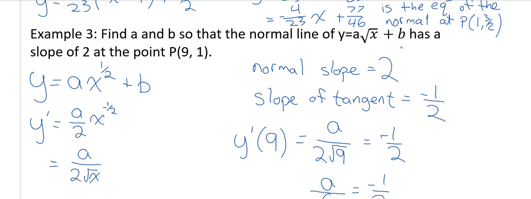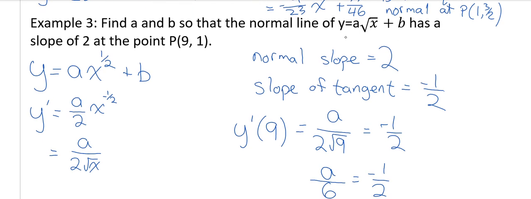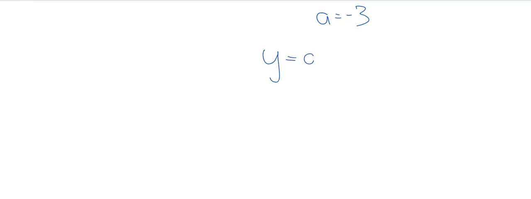So 9, 1 is our point of tangency, and it's the point at which our normal line goes through. So I can just go back to my original equation now. I have my y and my x, I have my a, I just need to find my b. So my original equation was y equals a root x plus b.